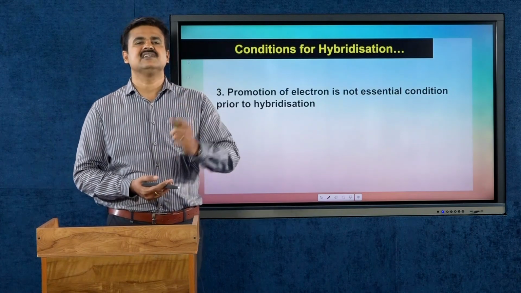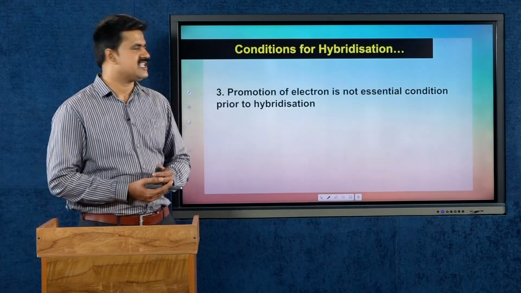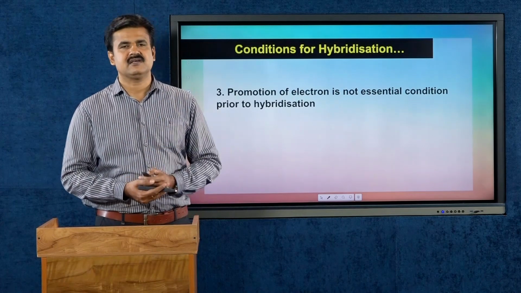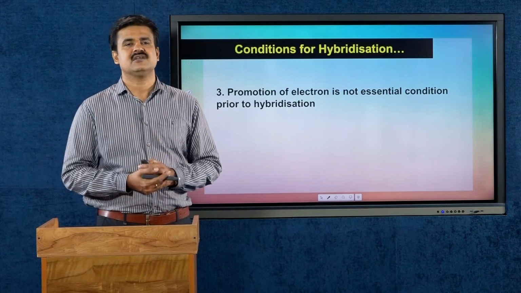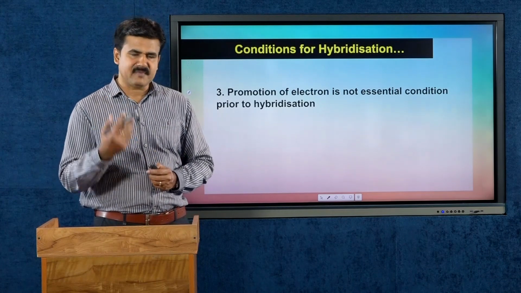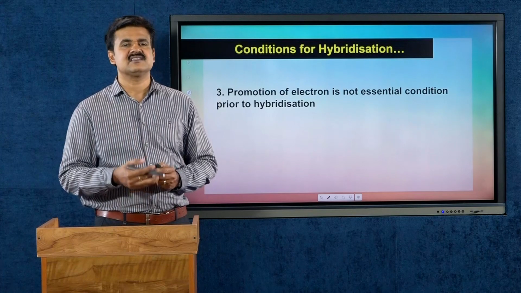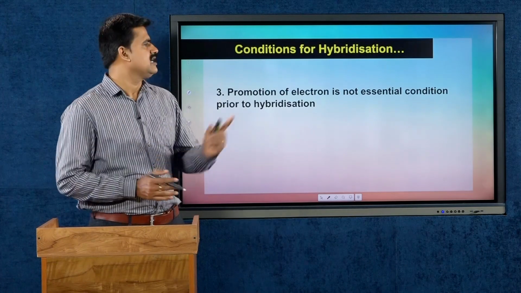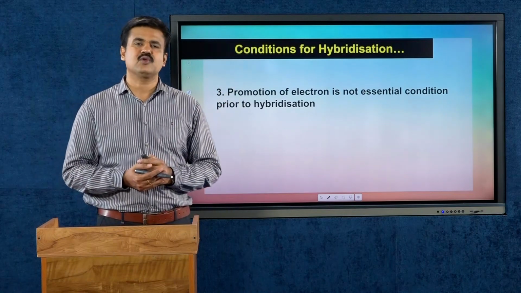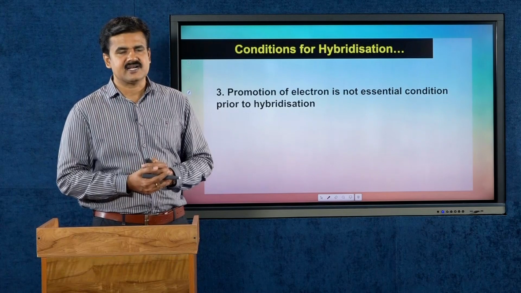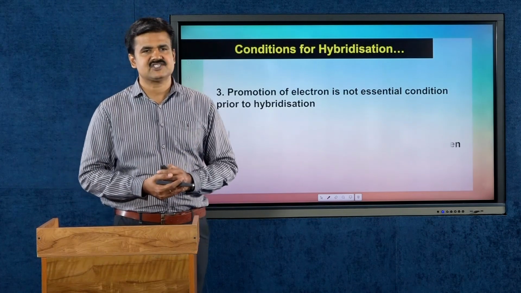Now, the third condition for hybridization is that promotion of an electron from one orbital to another is not an essential condition prior to hybridization. In certain cases, electronic excitation may occur. In some other cases, there is no need for electronic excitation. That simply means that the promotion of electron is not an essential condition prior to hybridization.